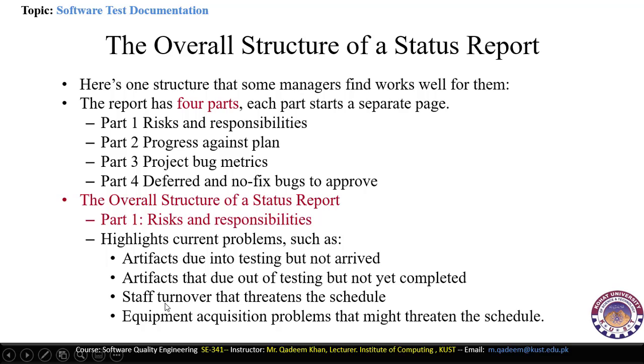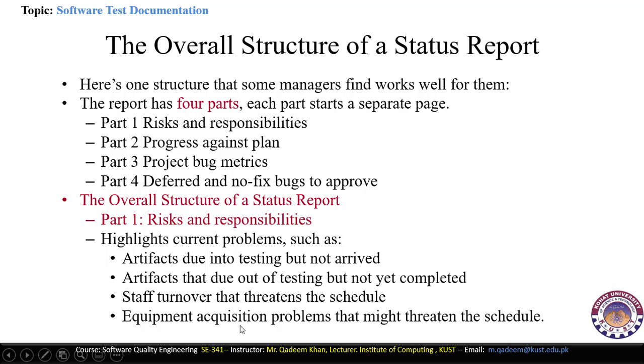For example, if certain staff are not coming for the testing process because they are ill, there are strikes, political disturbance or a war situation, or natural disasters like flooding. So we will specify it all here.